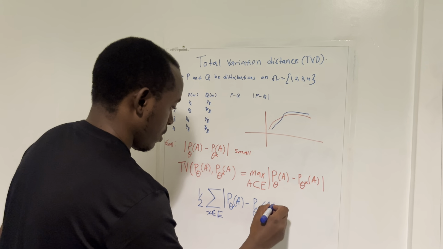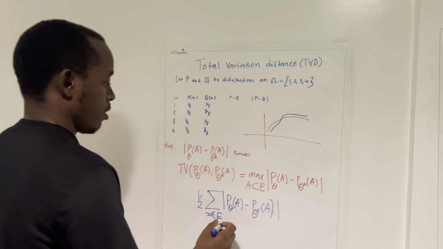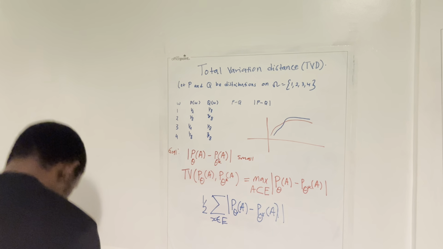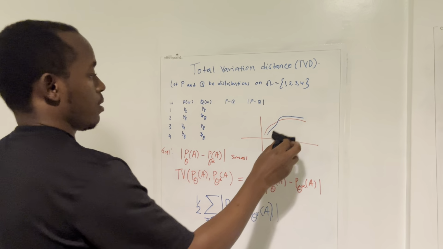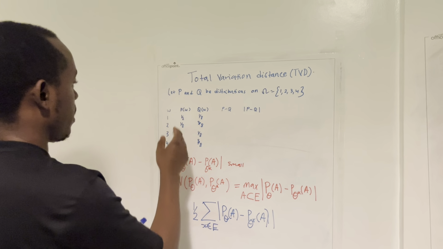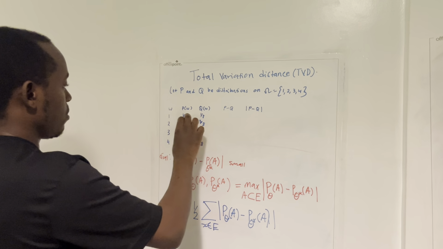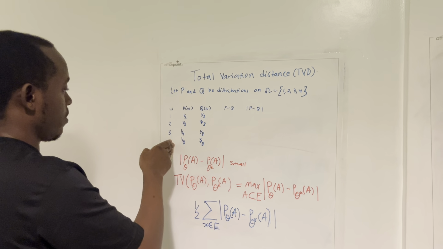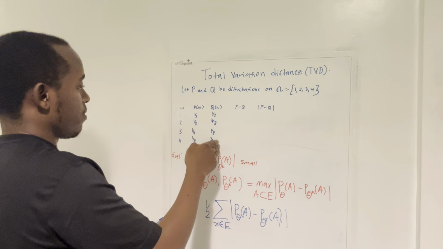So basically, you're having a distribution here. In this distribution, you have these values for the different numbers, for the different random variables. And then for this one, you have these numbers.